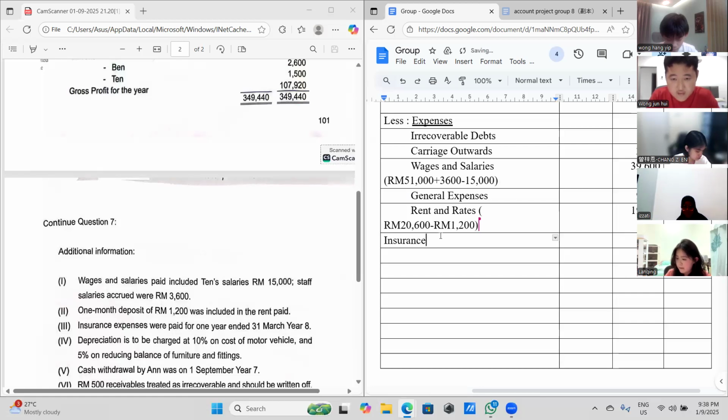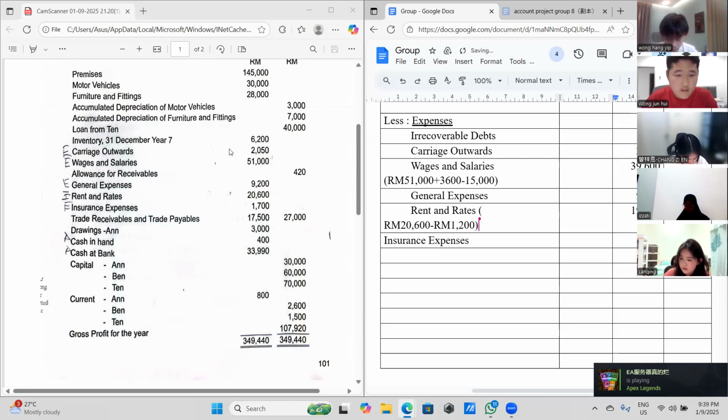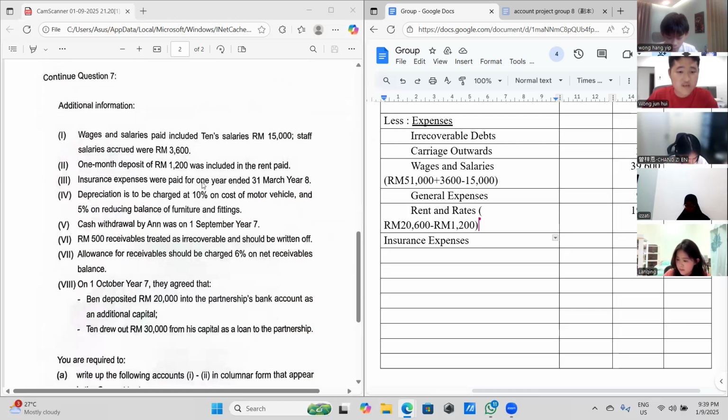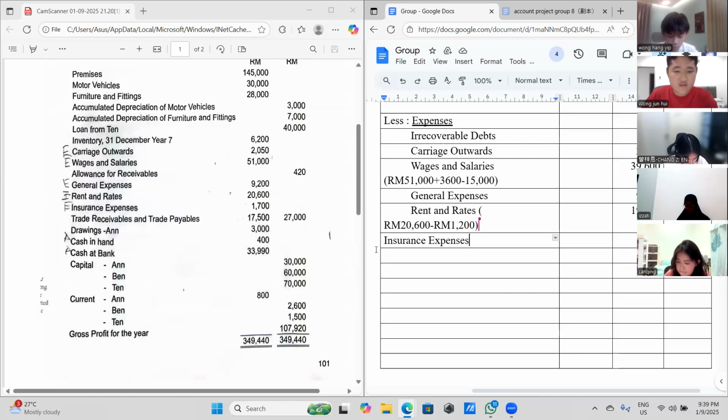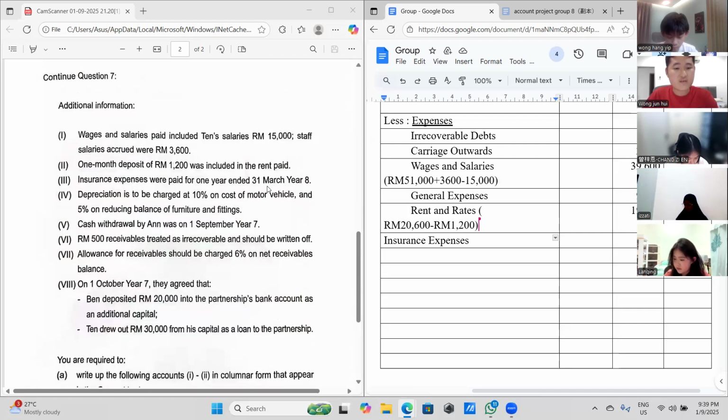And the insurance expenses from here 1,700, and from the additional information, the insurance expenses were paid for 1 year ended 31 March year 8, and we must know the due is from 31 December year 7 to 31 March year 8, and is for 4 months the insurance.